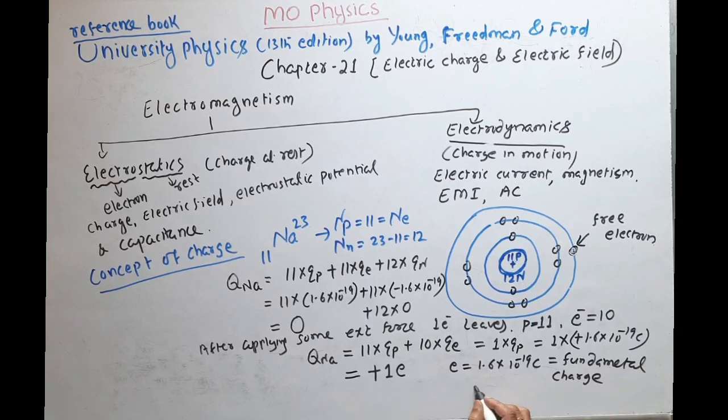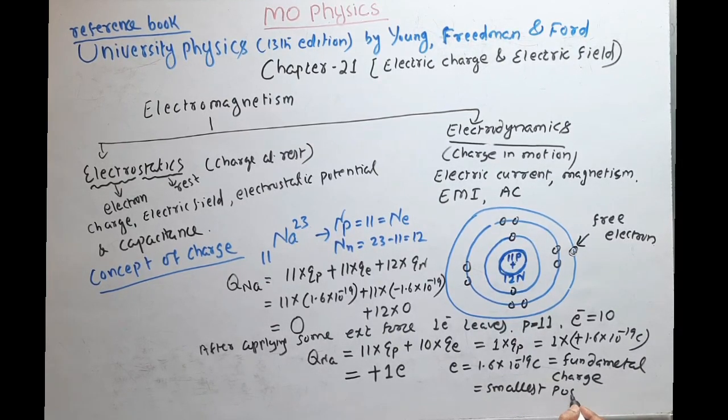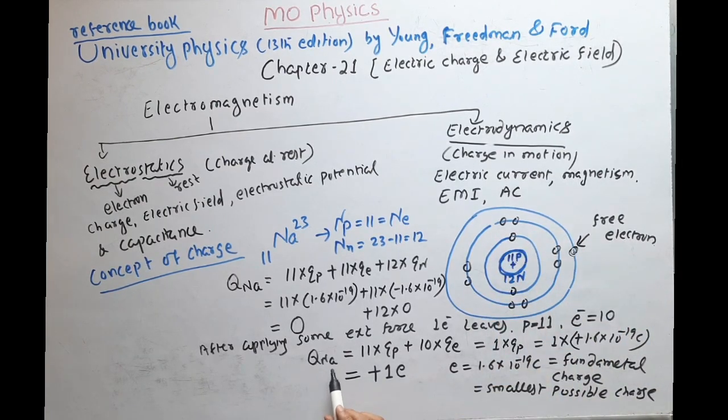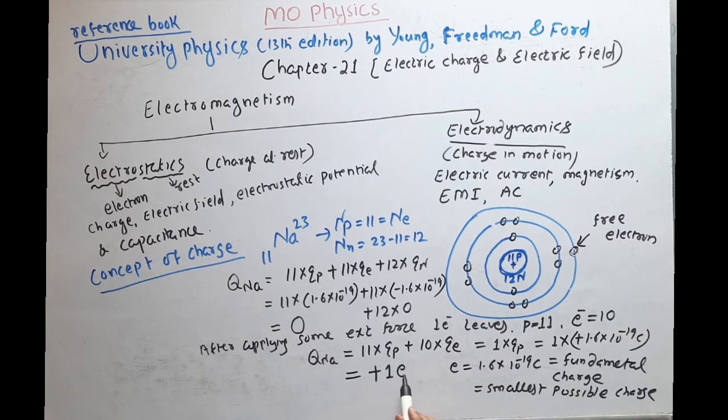That is, it is the smallest charge possible. Smallest possible charge is equal to 1.6 10 to the minus 19 coulomb. So here, if one electron left from the outermost orbit, then the charge of sodium atom is equal to plus 1 into e. So that is positive charge.